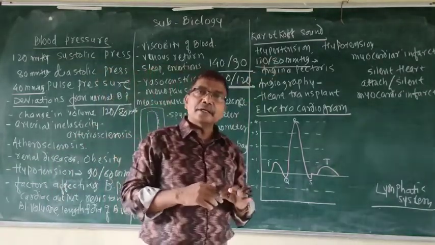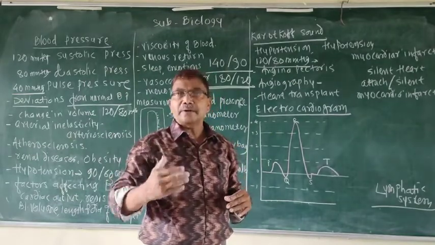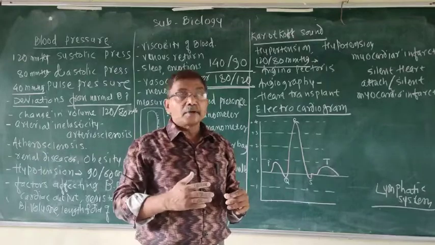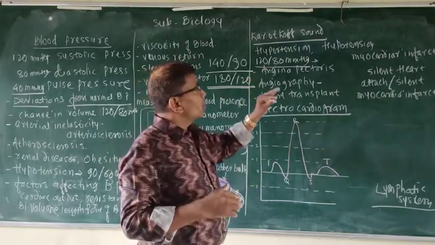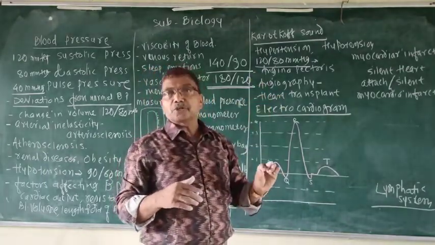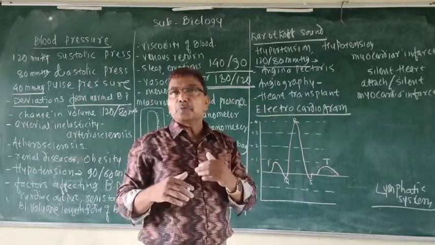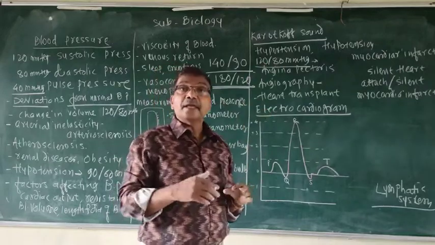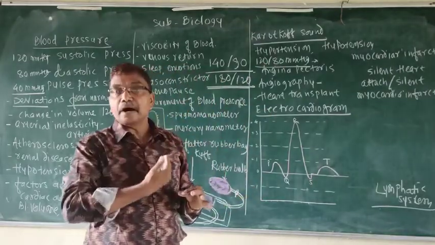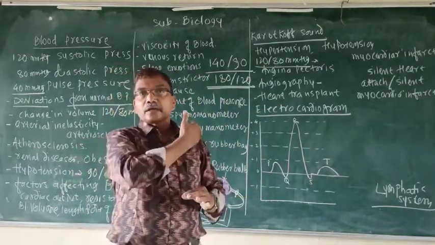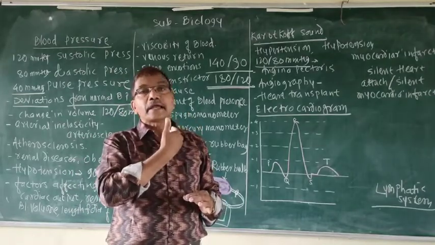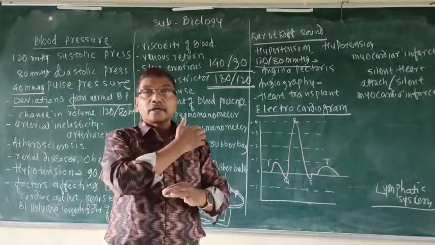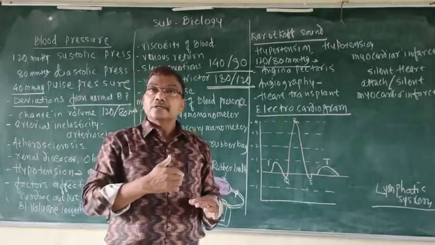Then what happens if there is exercise? Suppose there is a requirement of more oxygen to the heart, but due to the clot, there is a lesser supply of blood to the wall of the heart, which leads to pain in the left part of the body, that is in the neck region, the left lower jaw, the left shoulder, and the chest.